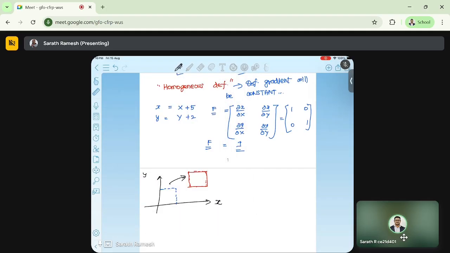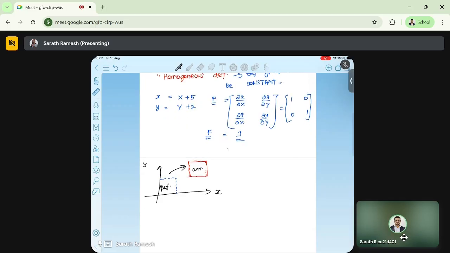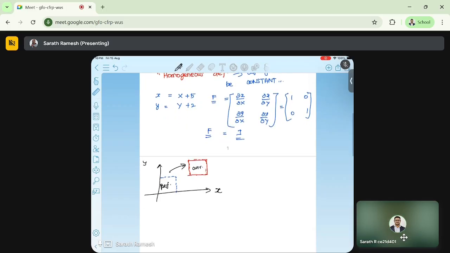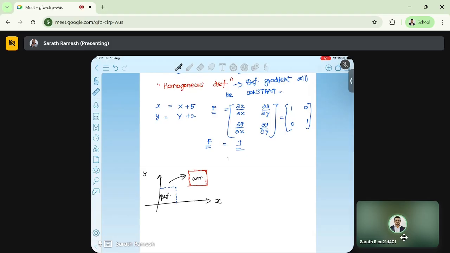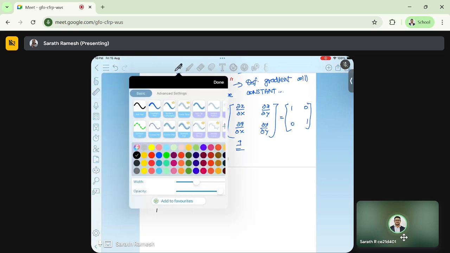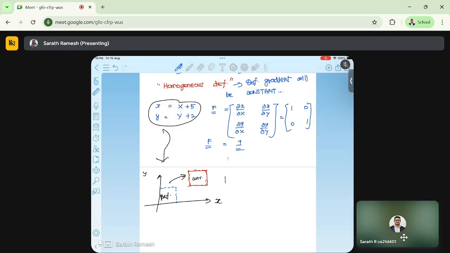So this is my reference configuration, and this is my current configuration. This is just the diagram for this particular deformation field. There is no deformation actually happening. It's only a rigid body displacement, a rigid body translation.